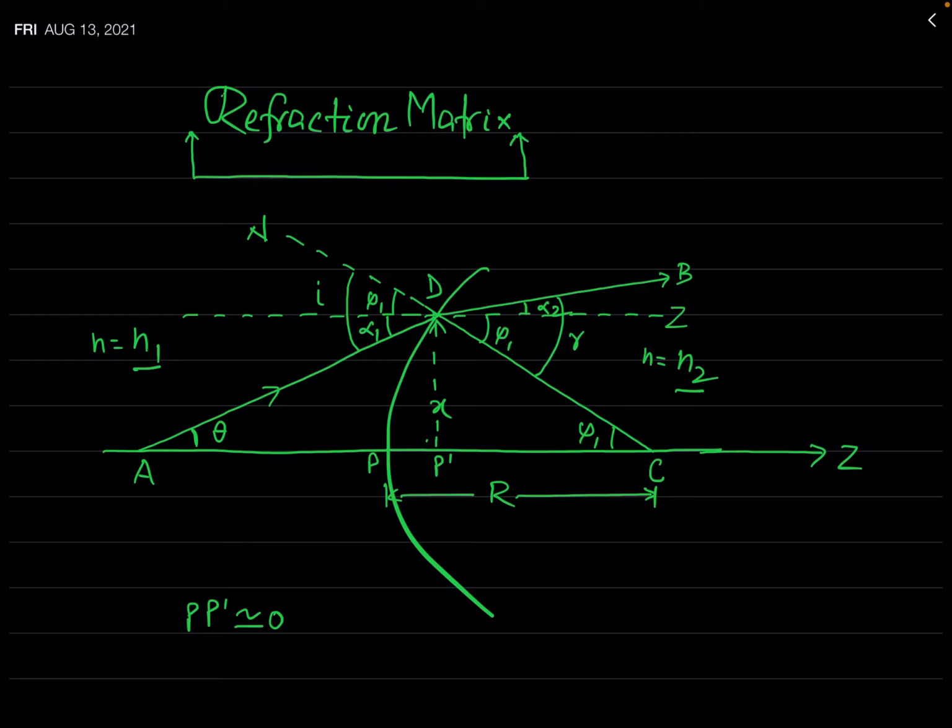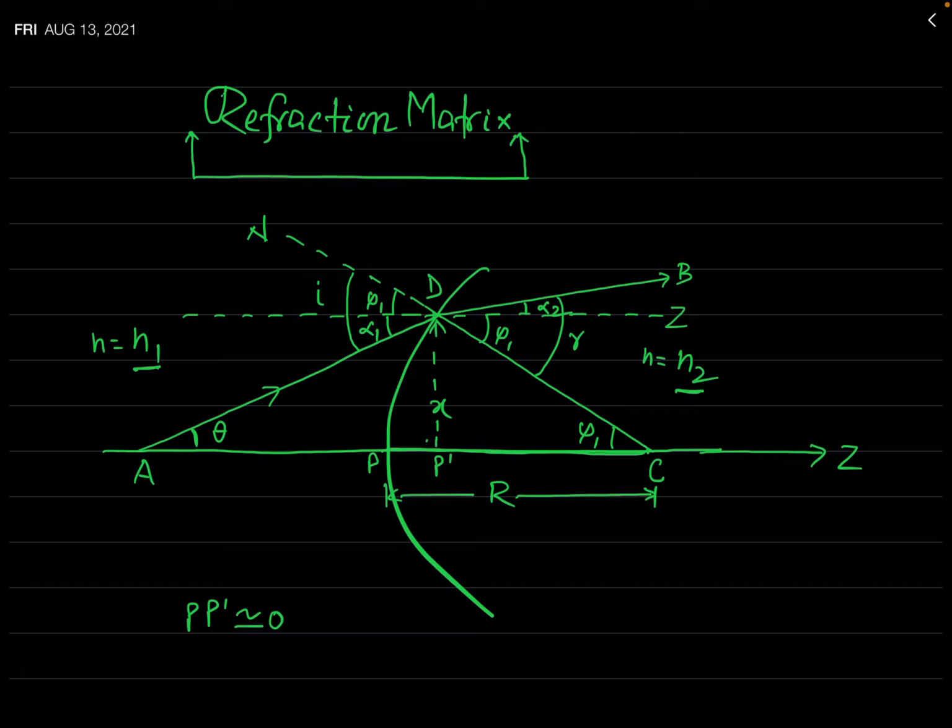Or you can say the refractive index of the medium on the left side of this spherical surface is N1, and on its right side the refractive index of the medium is N2. We consider it. And you can see this point C, which lies on this z-axis, is the center of curvature of this spherical surface. And so this PC, which will be equal to R, is the radius of curvature of this spherical surface.